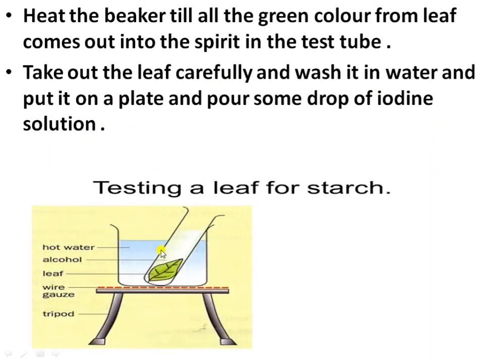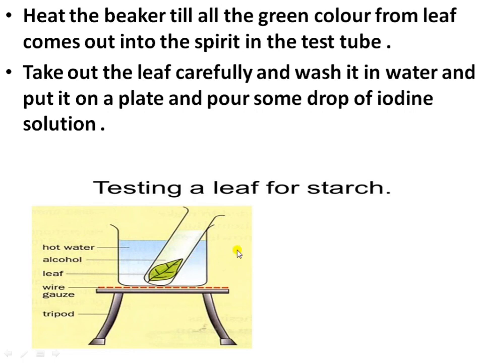As you can see in this picture, firstly put a leaf in a test tube and pour some spirit to completely cover the leaf. After that, put the test tube into the beaker half filled with water. Then heat this beaker till all the green color, the chlorophyll, all the chlorophyll from the leaf comes out into the spirit in the test tube.